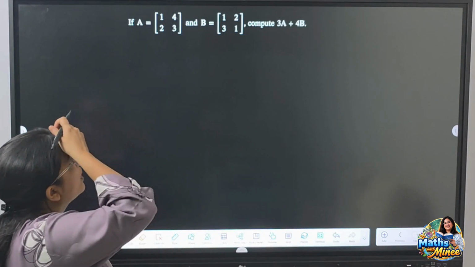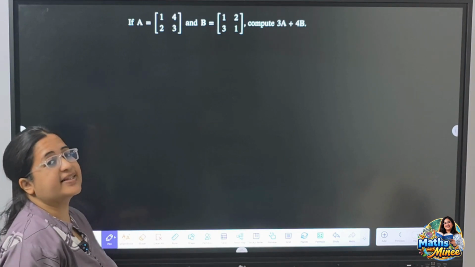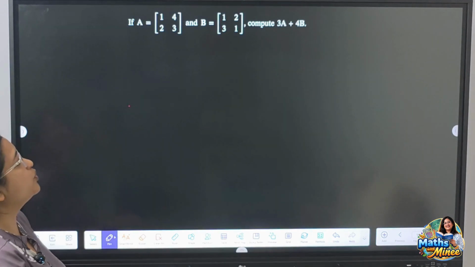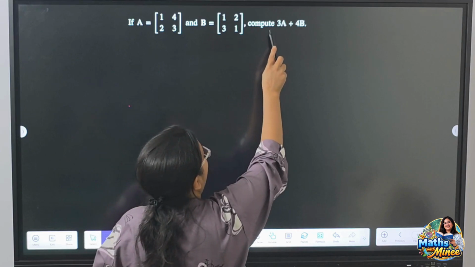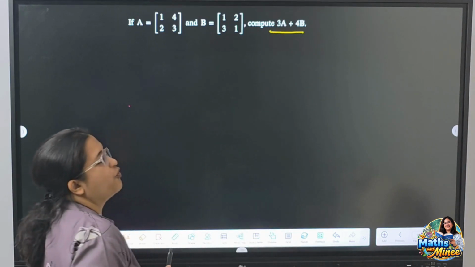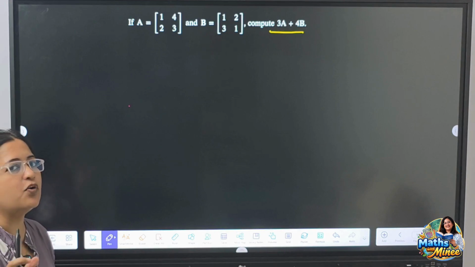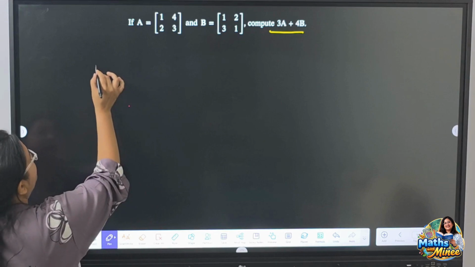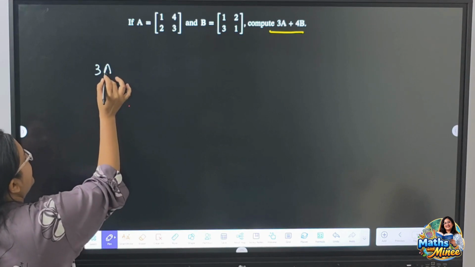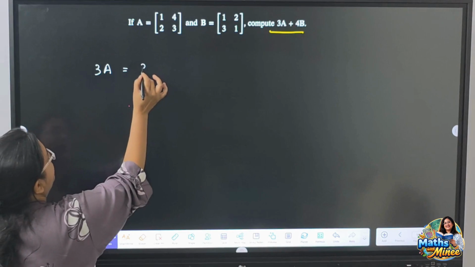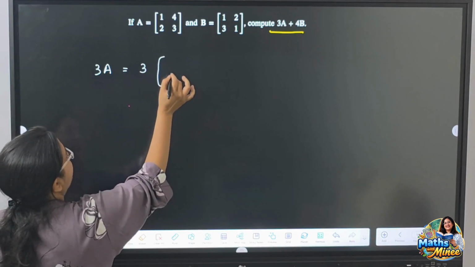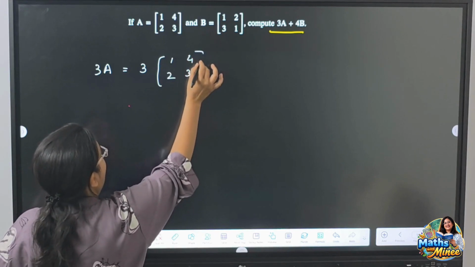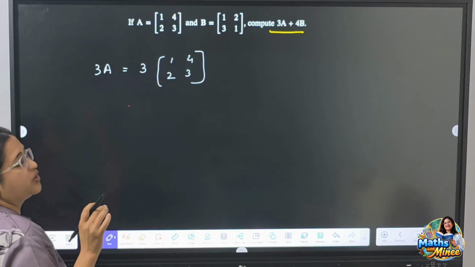Now, here you are given again two matrices, A and B. What you need to find out is to compute 3A plus 4B. So first let us find 3A. If you are given the matrix A, 1, 4, 2, 3, we have to multiply it with 3.